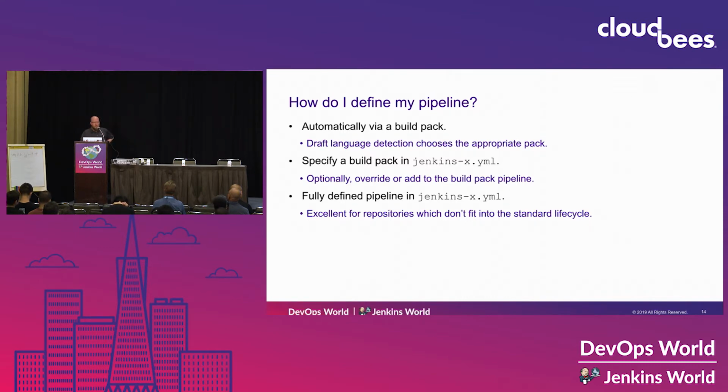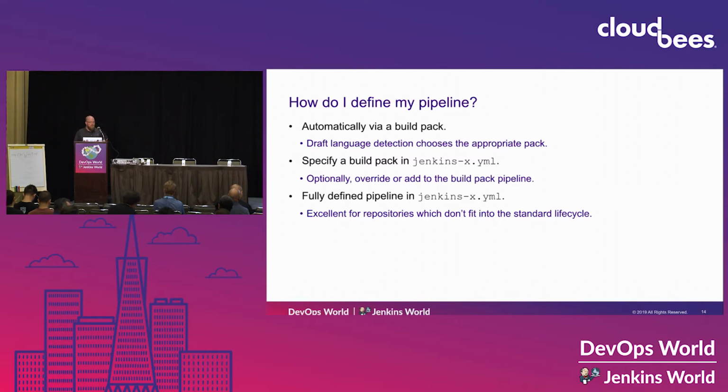But if the language detection doesn't work for you, or you want to be able to make changes to the behavior that the build pack provides, you can create a Jenkins X YAML file in the root of your repository, and you can specify exactly which build pack you want to use. You can override, add to, or remove steps from the build pack pipeline. And finally, you can do a fully defined pipeline in your Jenkins X YAML, where you're not doing anything with build packs, you're explicitly specifying everything that's going to happen in your pipeline.